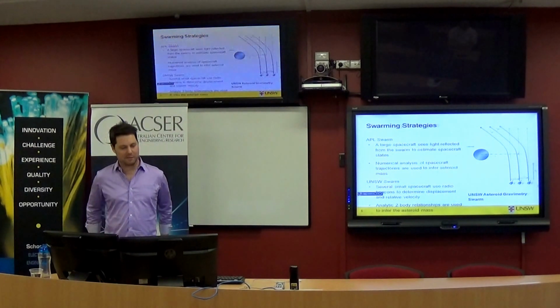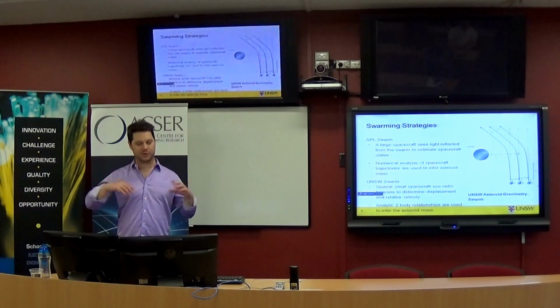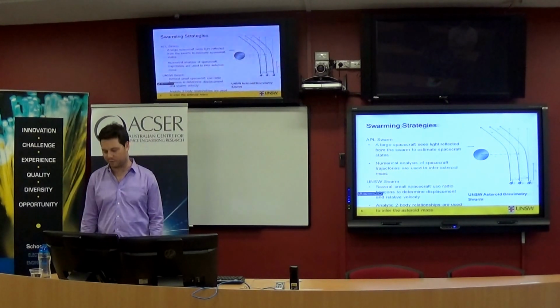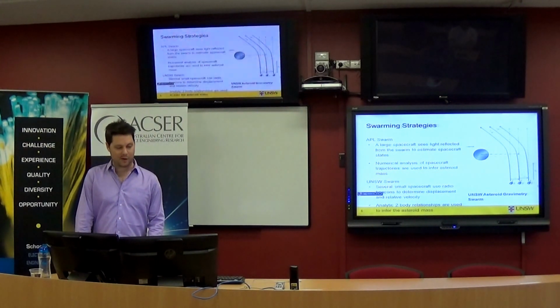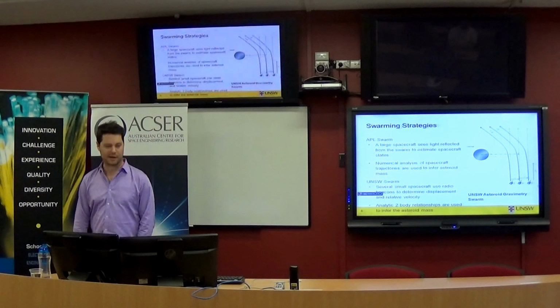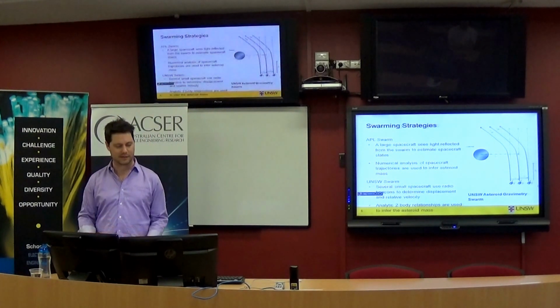So just talking about some of the different strategies that we're using. One of the great things about having two different institutions looking at the same problem is that we come up with different solutions. So APL were sponsored by a NASA NIAC grant, so they got a bit more cash than us, and they were able to progress a little bit faster.